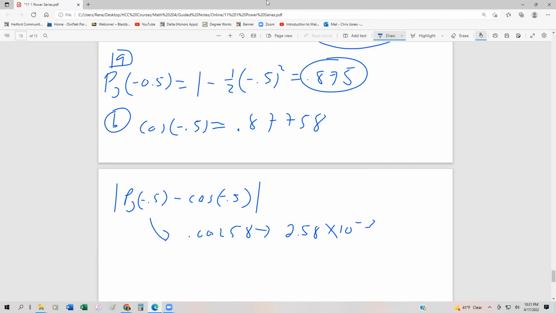And that's not as accurate as the last one that we got, but it's still pretty decent, especially considering that we could compute that by hand if we really wanted to, to be able to approximate the cosine of 0.5, which we couldn't do by hand otherwise. So the whole purpose of having these Taylor and power series is to be able to use them to model functions.